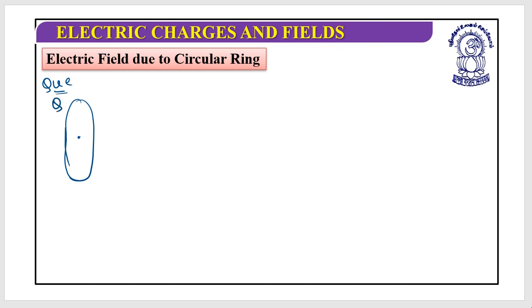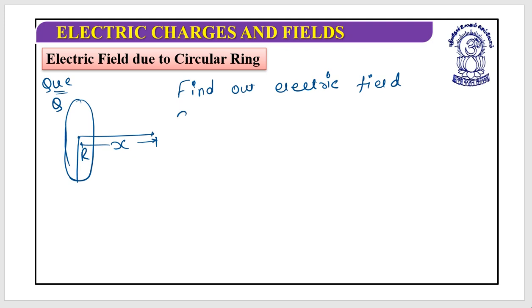Now let's move on to one question. A charge q is given. This is radius r. This is the distance x. They have said to find out the electric field at point P. This is point P, and they have given that x would be equal to 3r.